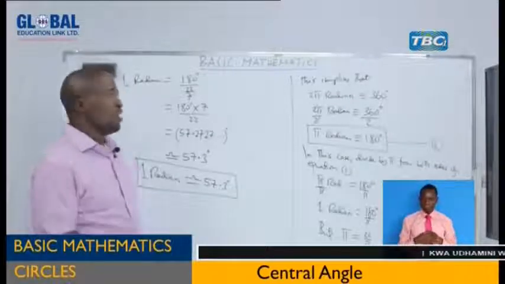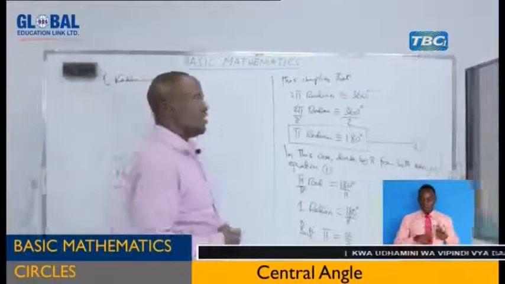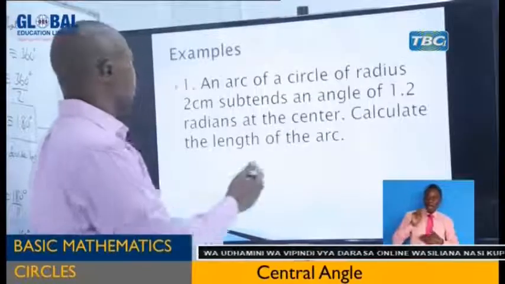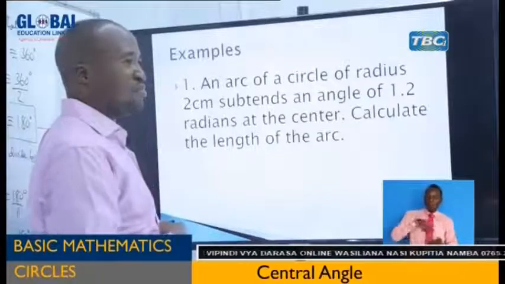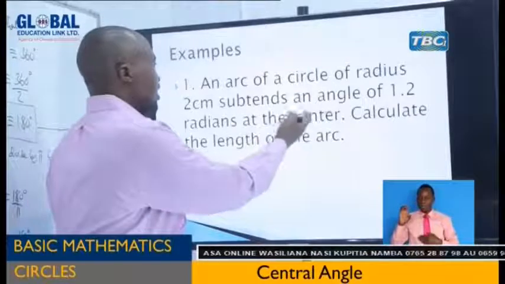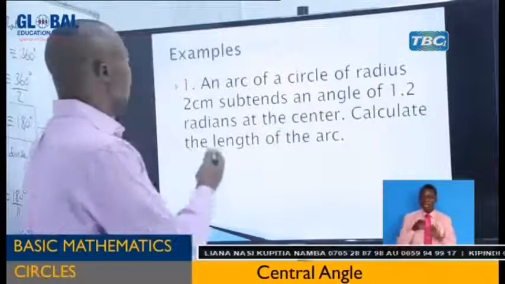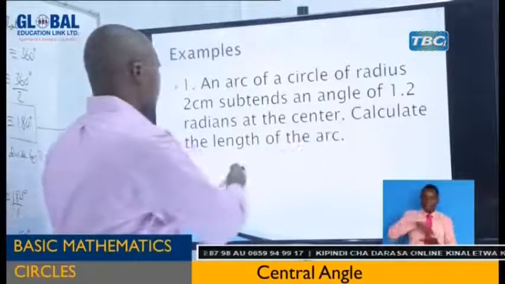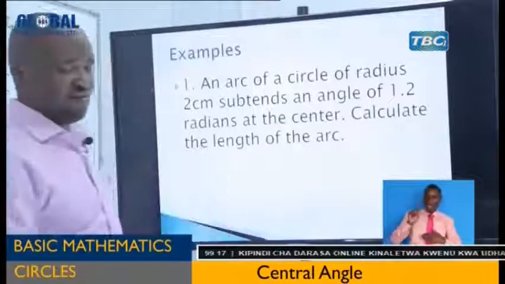Now, my dear student, we have an example here. An arc of a circle of radius 2 centimeters subtends an angle of 1.2 radians at the center. Calculate the length of the arc.